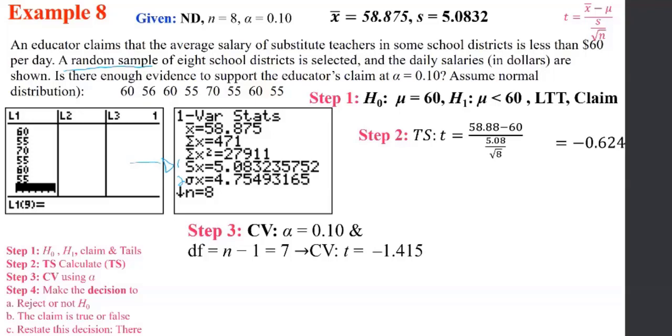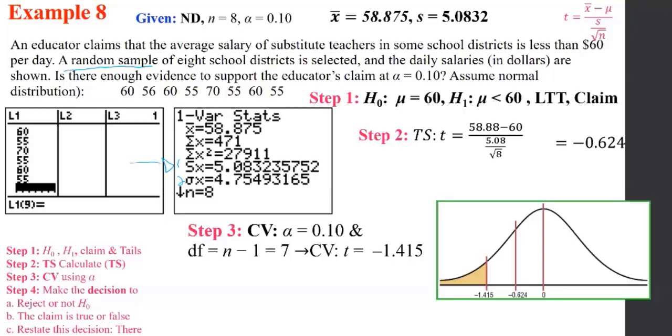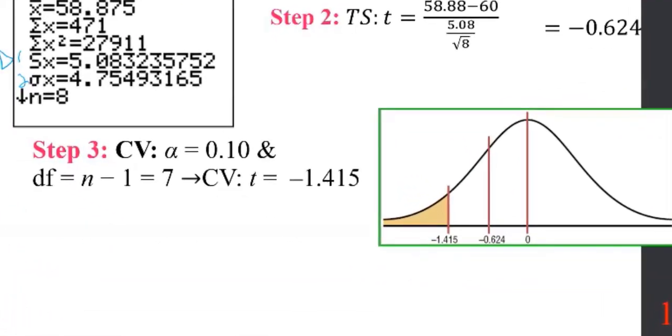So if you do the drawing, what happens in a matter of comparison, the test statistic is way into the non-rejection region. So this is your critical value, and this is your test statistic, and it's way into the non-rejection region.